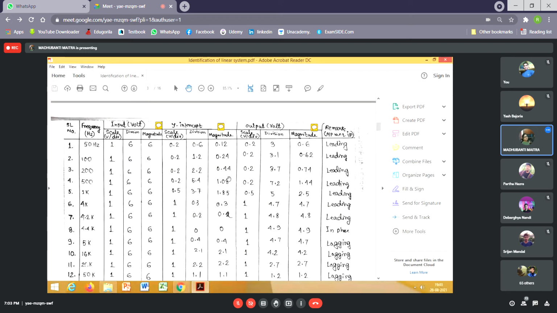Just prepare a table having first column with serial number, second column frequency in hertz.